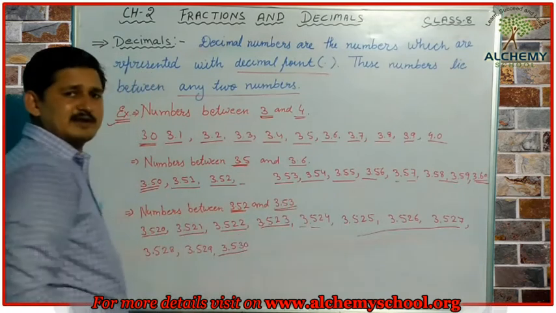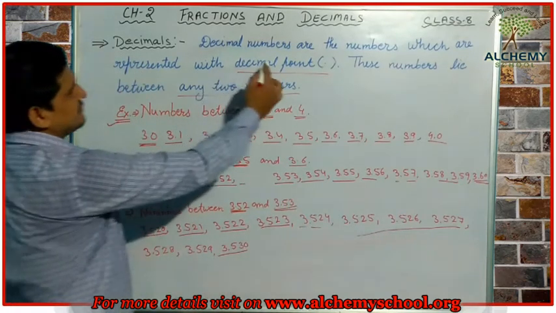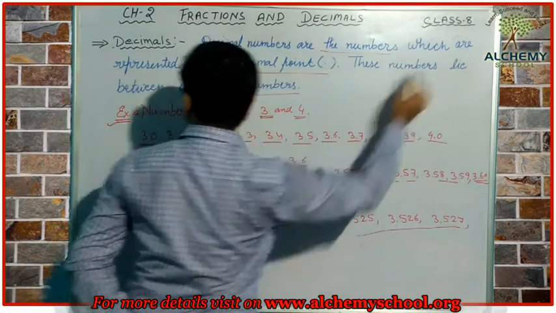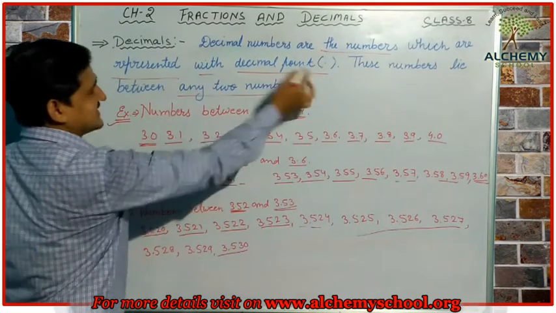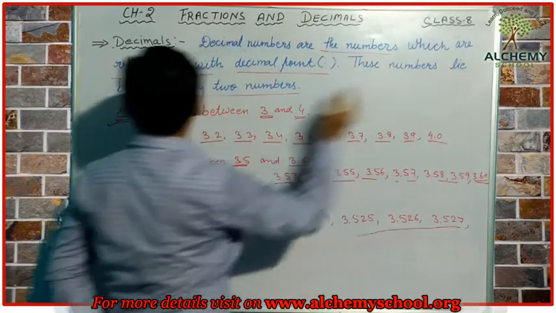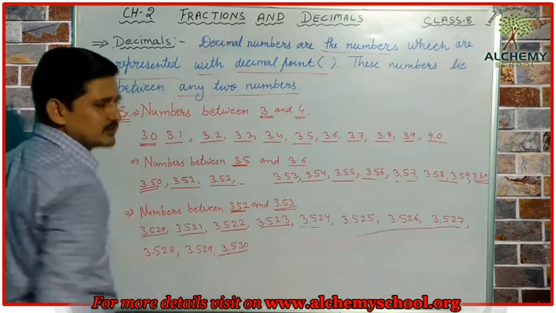So now clearly we can say decimal numbers are the numbers which are represented with a decimal point, and these numbers lie between any two numbers.